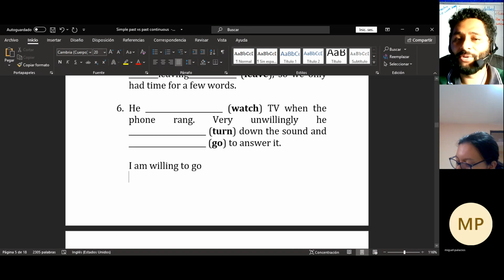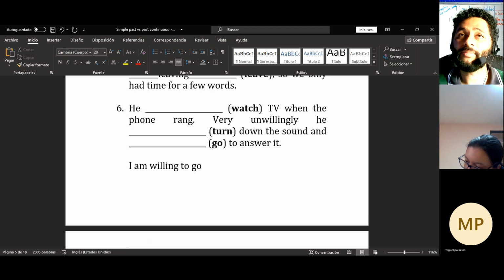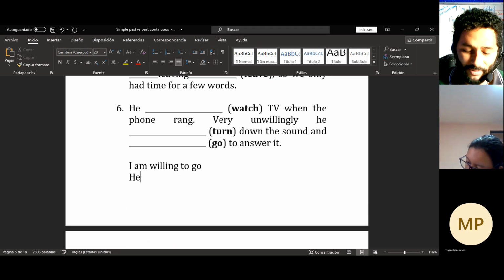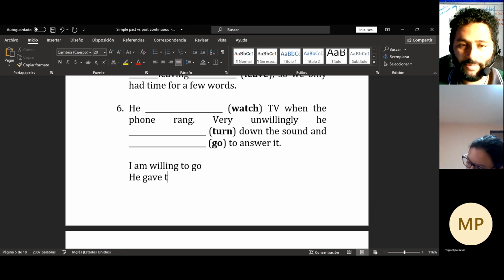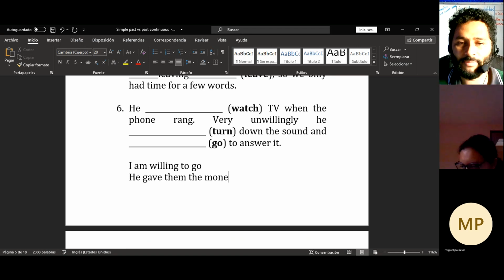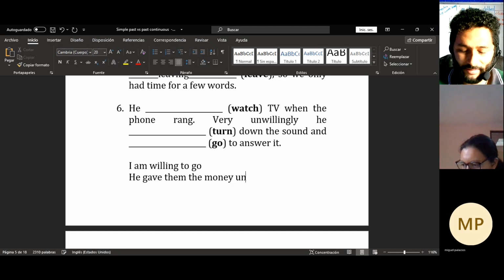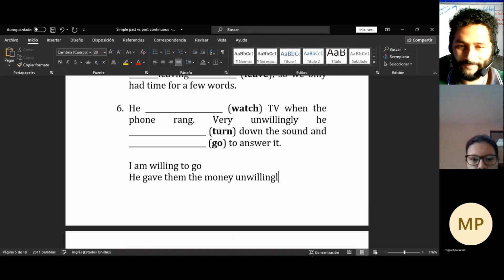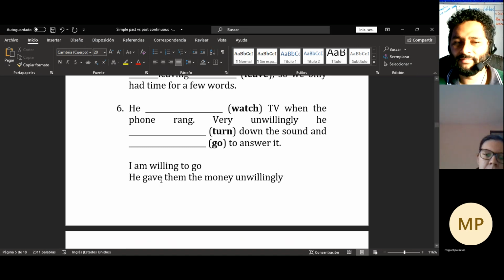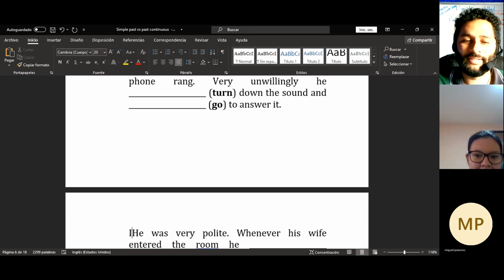Y normalmente los adverbios de modo van después del verbo. Por ejemplo, podrías decir esto. He gave them the money. He gave them the money unwillingly. Él le dio el dinero a ellos, así no queriendo hacerlo, ¿no? O sea, unwillingly es como no queriendo hacerlo. Okay. Entonces, ok. All right.